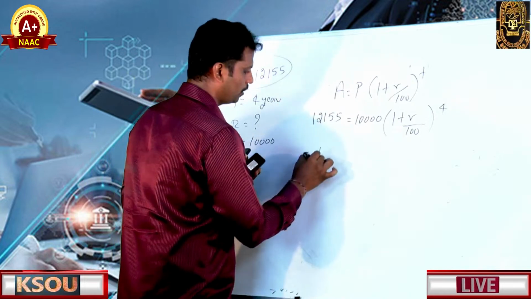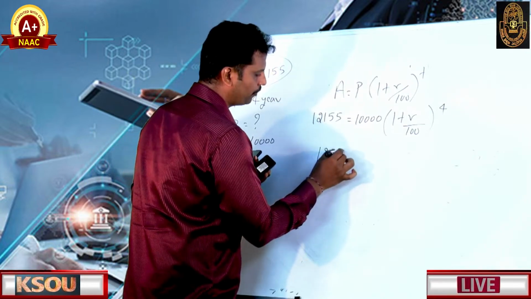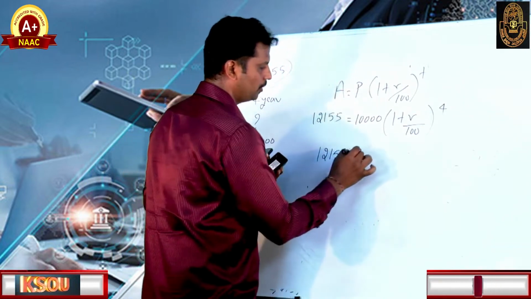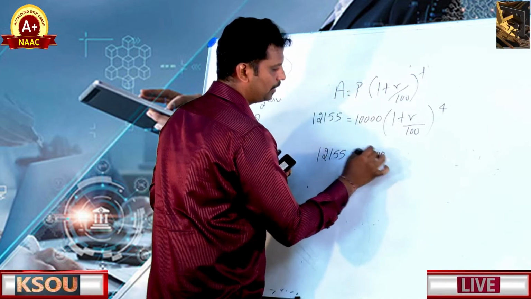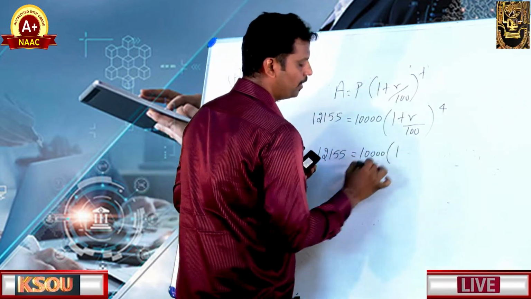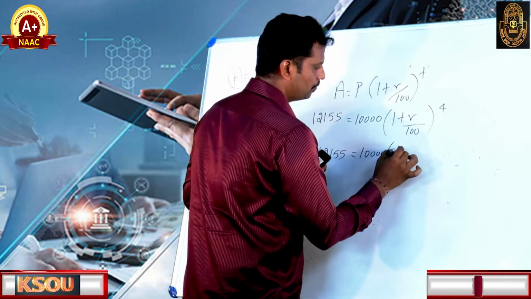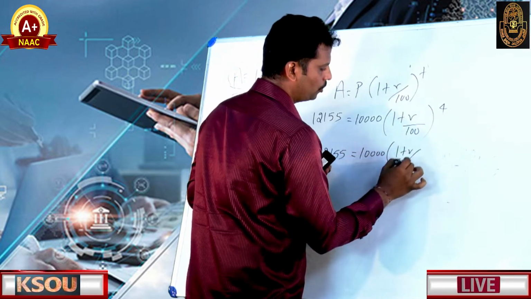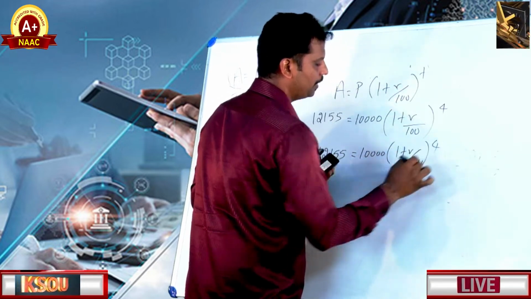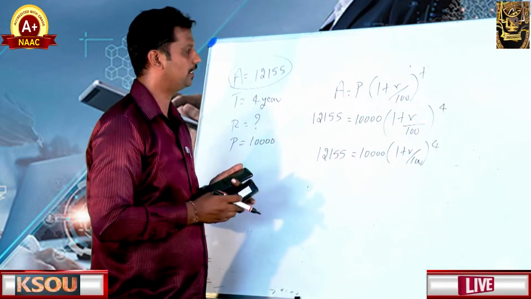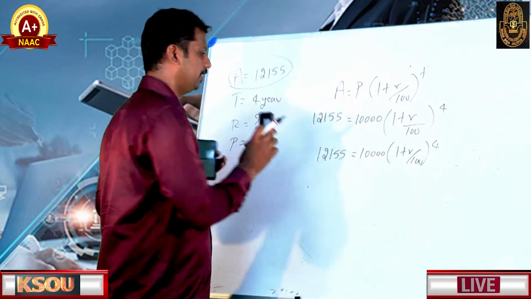Next, 12,155 equals 10,000 into 1 plus R whole to the power of 4. You should continue the process, then get the answer. Okay.